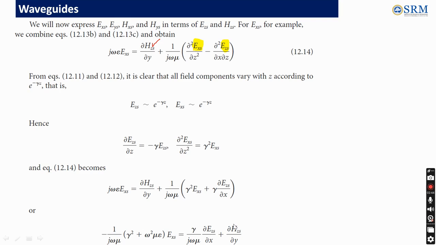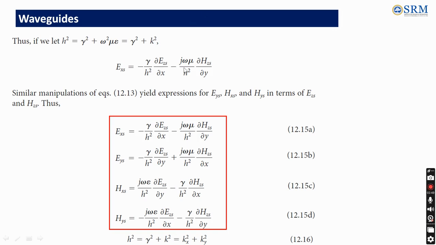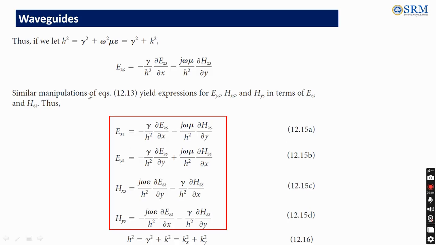Minus jωμ divided by h² as it is, ∂Hz_s by ∂y. We have found the Ex component. Similarly, we can find Ey_s, Hx_s, Hy_s in terms of Ez_s and Hz_s.